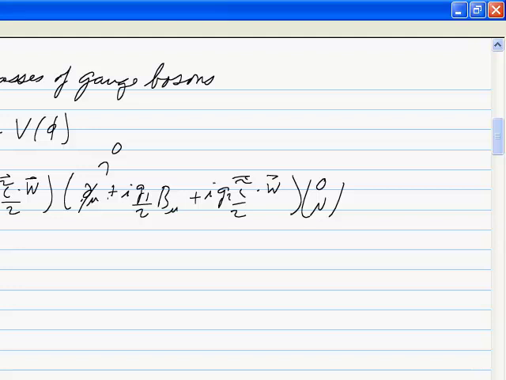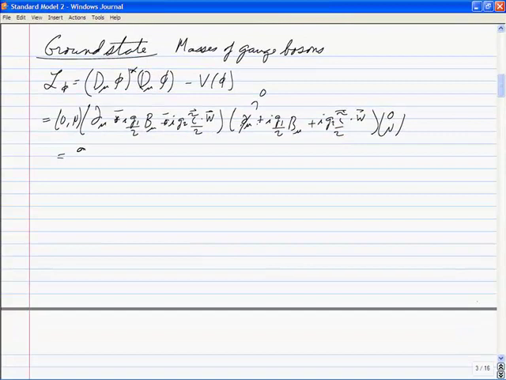And this gives masses to various things. If I break W into W plus, W minus, and W_3, this comes out to be g2 v over 2 W plus W minus.